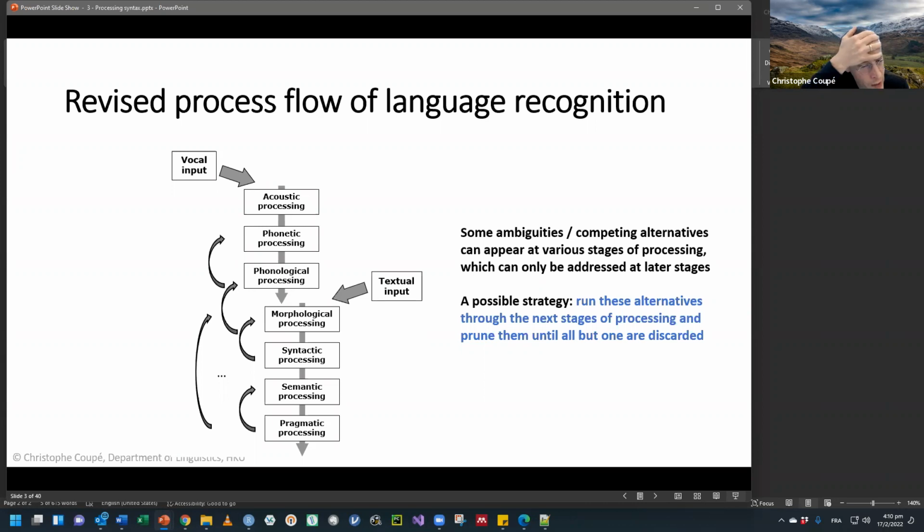But we focus on syntactic processing and semantic processing when we do text mining, mostly. That's what we will do in the next lectures. And we have seen spell checking, which may be useful with textual inputs. If you wanted to specialize in natural language processing and speech processing, of course, you would need to learn more about acoustic processing, phonetic processing, phonological processing, etc. But let's say that text mining is part of data science, but phonetic processing, phonological processing, this is a part of NLP, which is not a part of data science.